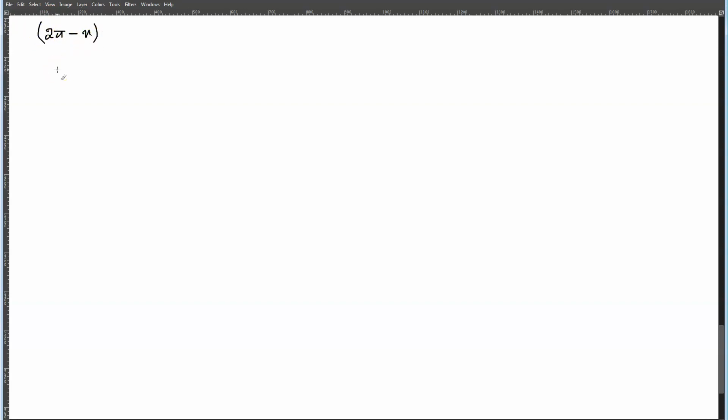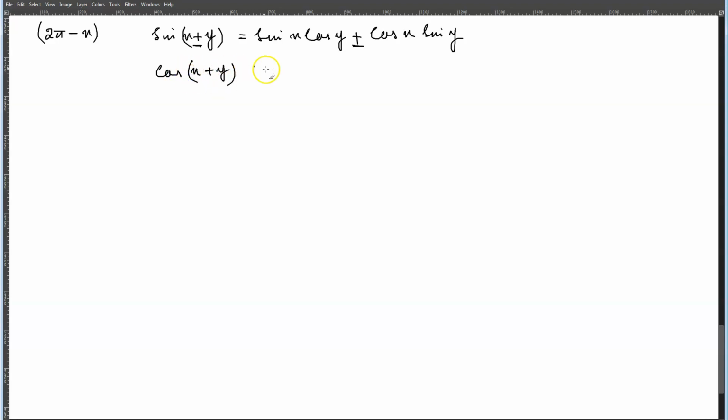So again, basically we have sine of x plus y is equal to sine x cos y plus cos x sine y, and negative, and we have cos of x plus y is equal to cos x cos y minus sine x sine y, and negative positive, right?